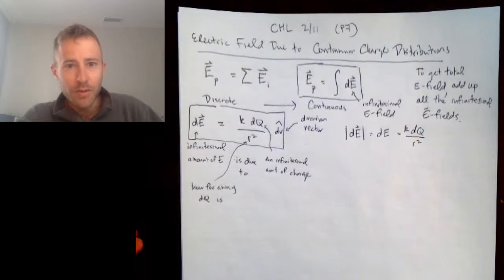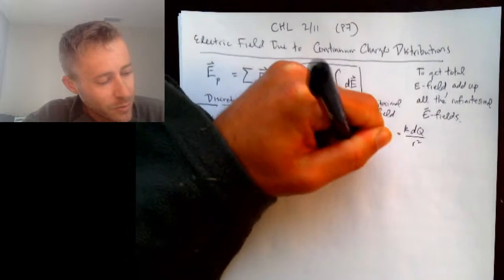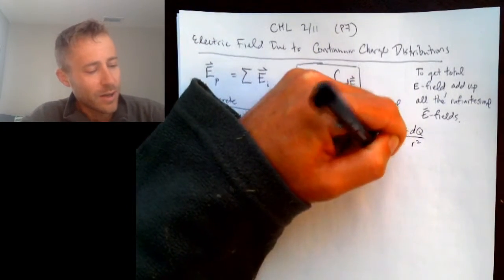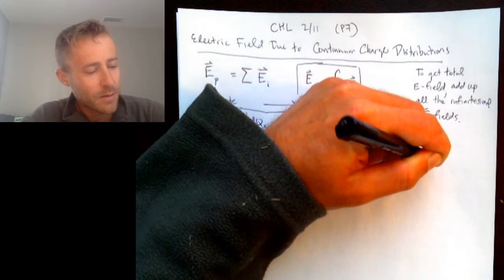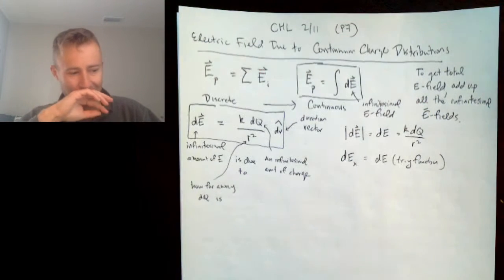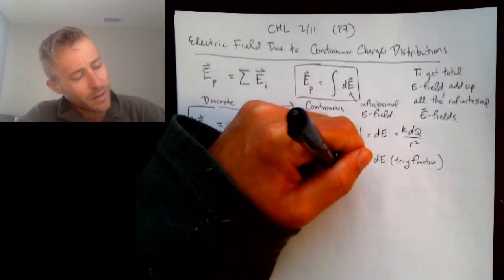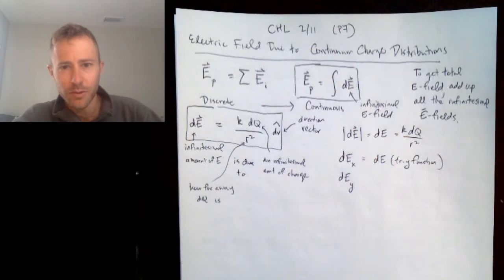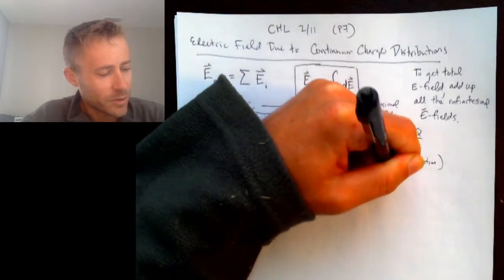Sometimes we will want the x component of the infinitesimal electric field, and that's going to be dE times a trig function. Okay, and we'll see how that works in a second. And then the y component of the infinitesimal electric field is also dE, but times a different trig function.